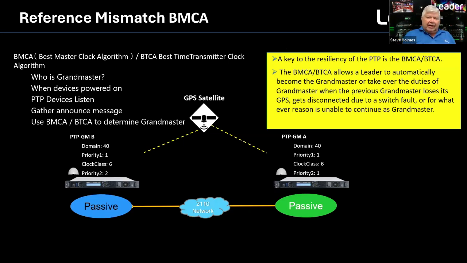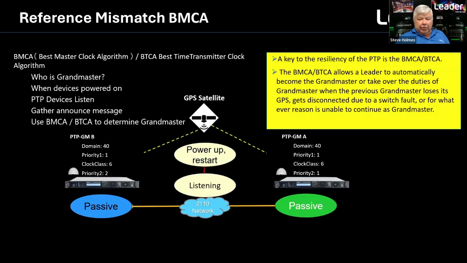So what actually happens here is when both generators fire up, they go into listen mode and they're listening to the announce messages. And the announce messages are automatically sent from both generators. And it will tell you what domain they're on, what priority 1 is, what the clock class is, what priority 2 is.